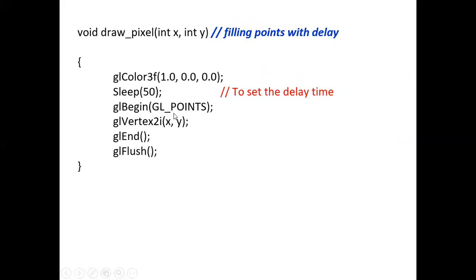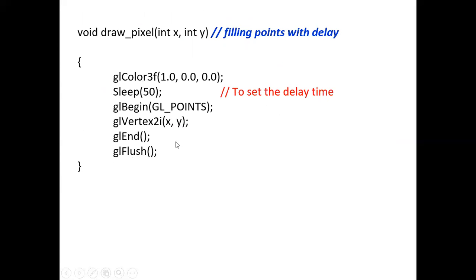Every pixel is nothing but a point. So that is why I'm taking glBegin of GL_POINTS, glVertex2i of x comma y. Every pixel will have x and y coordinates. Then glEnd and glFlush.